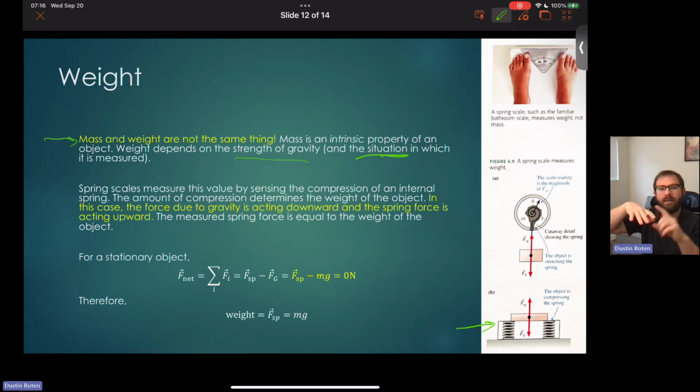The amount of compression or deflection of the spring is going to tell you what the weight of an object is. Essentially, just by sensing compression, that's how the spring can tell you the weight of an object.